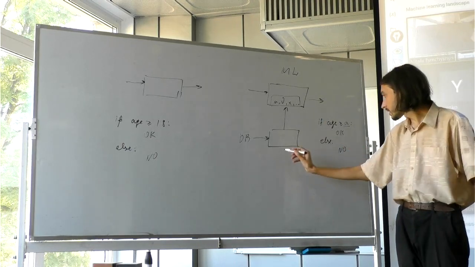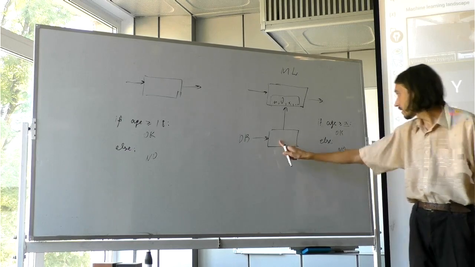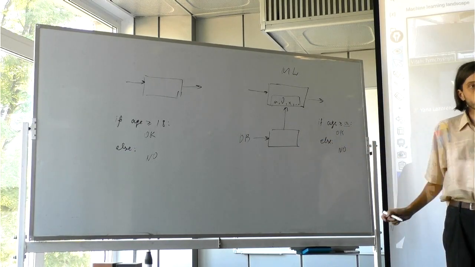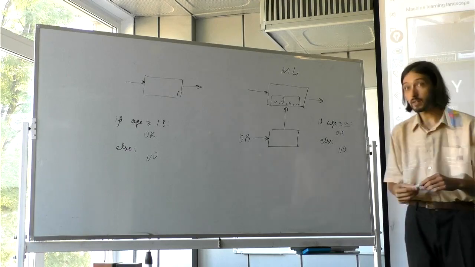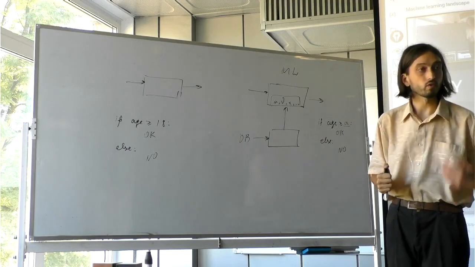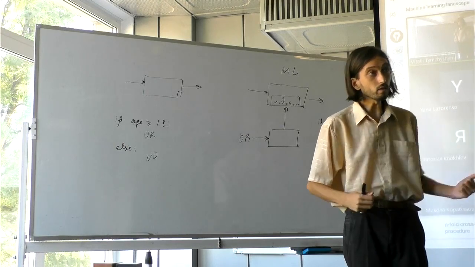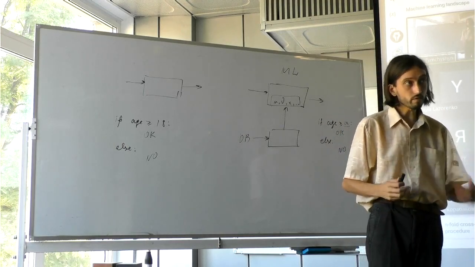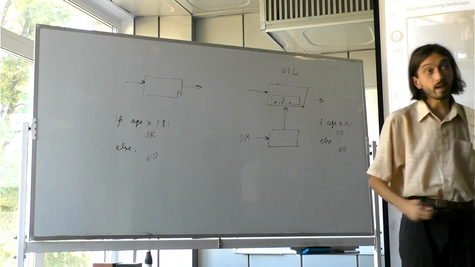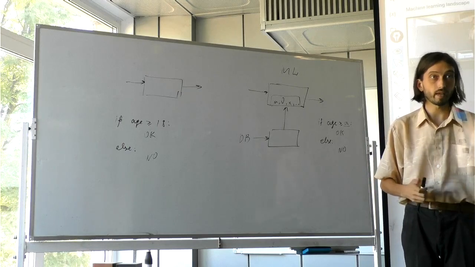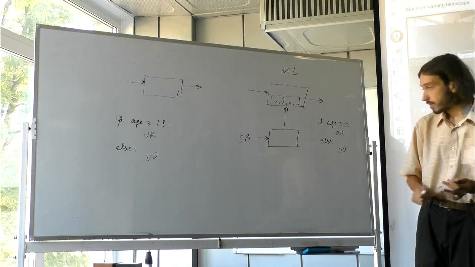I will have a separate algorithm like this one that will train and get me this a. How can it train? For example, I have a database of all issued driver's licenses. I can look through that database, look through the ages of people who have received driver's licenses and find, for example, the minimal age. That will be my training.